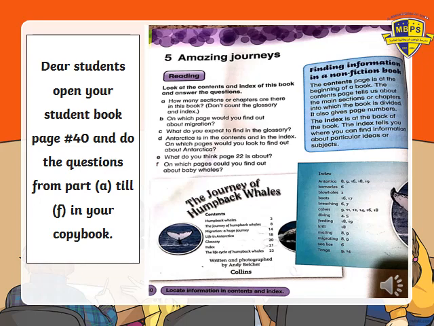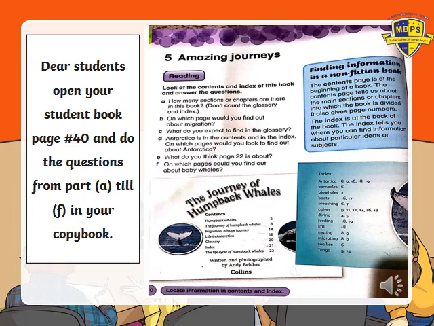So what is your task for today? Your task is to do the questions from letter A till F in your copybook. Let's start with the letter A question. Look at the contents and index of this book and answer the questions. You will focus on the table of contents along with the index that they have given you at the end part of the book.